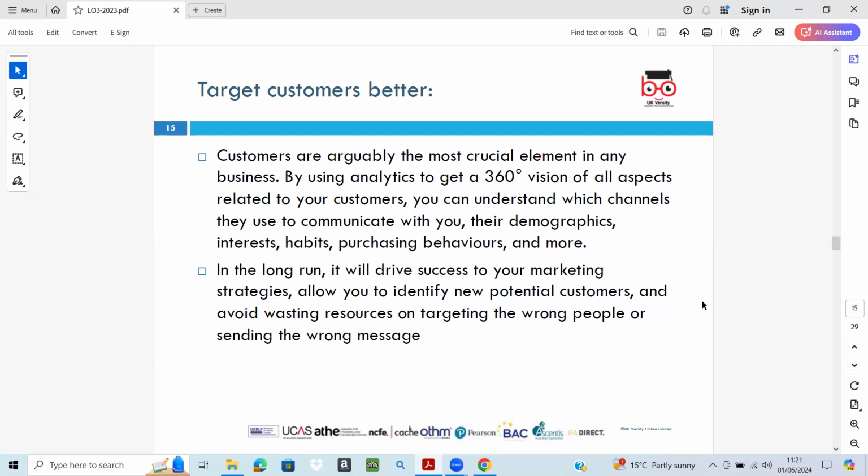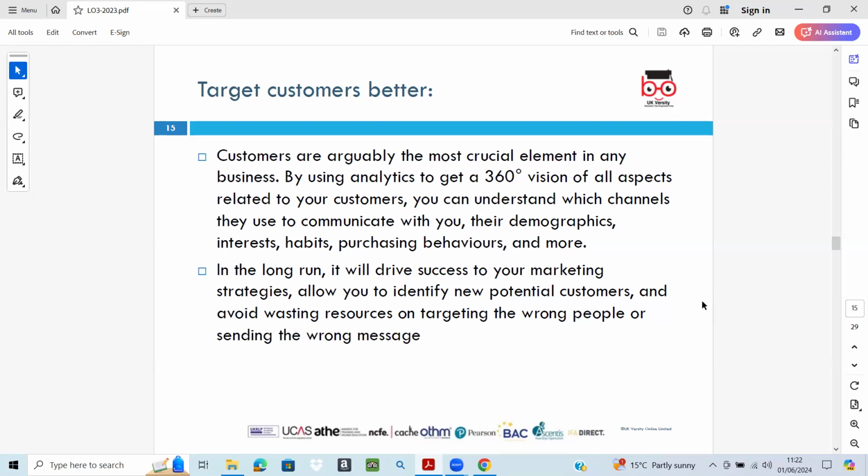We have refined marketing strategies. We have personalized marketing, tailoring marketing messages, promotions, and product recommendations based on customer data, which leads to more relevant and engaging interaction, driving customer loyalty and retention.